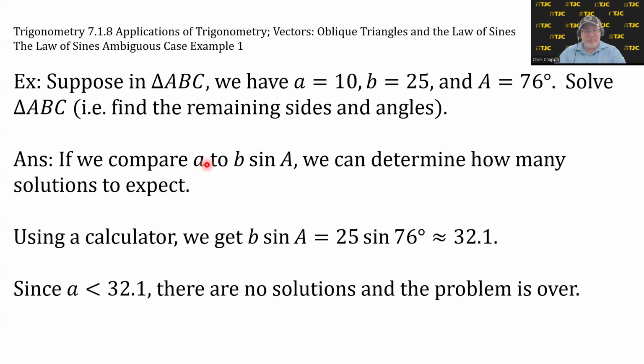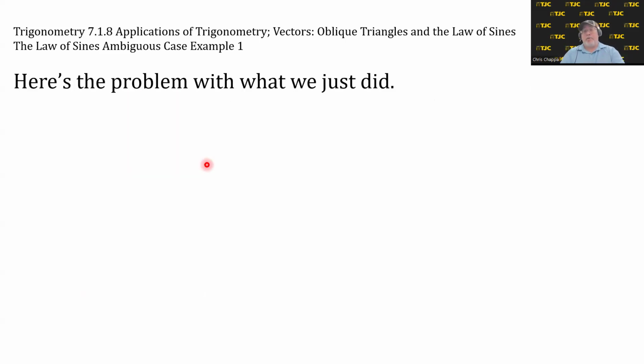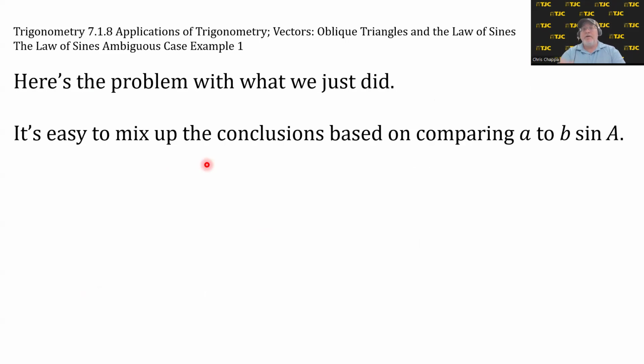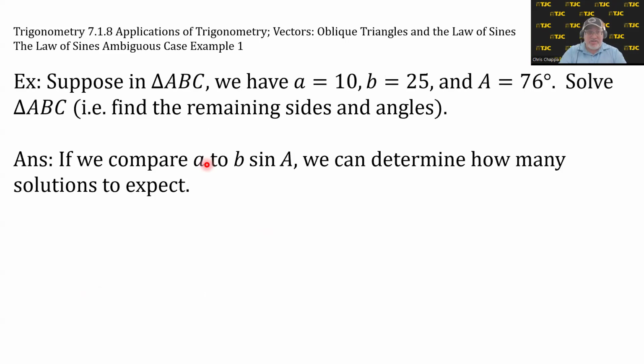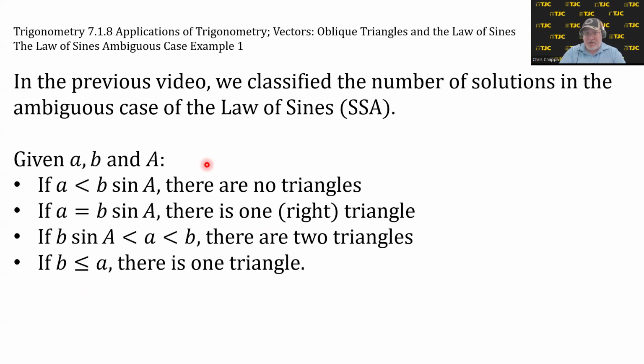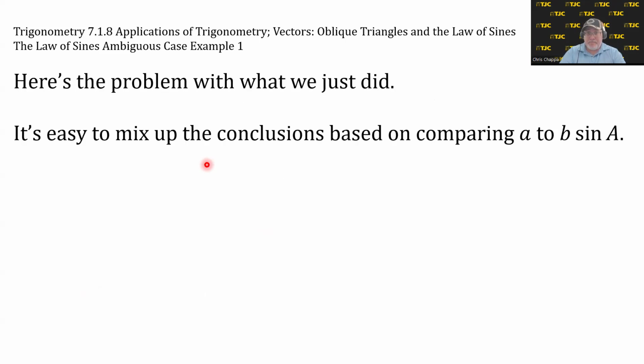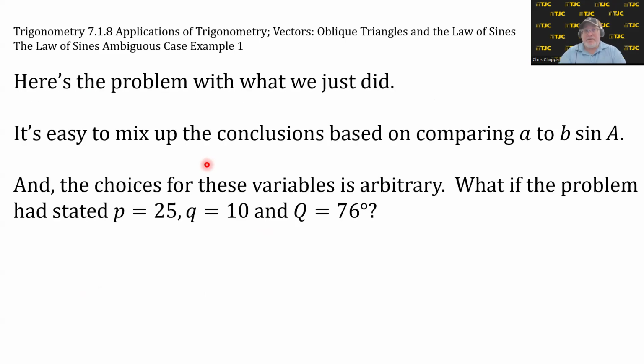So what's the big deal? Well, here's the problem with what we just did. First off, it's easy to mix up the conclusions based on comparing a to b sine of A. In other words, it's easy to get this list of things mixed up. And the choices for these variables is arbitrary.